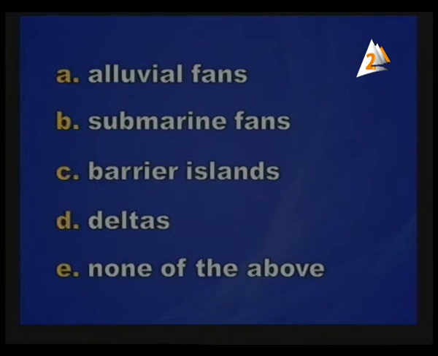As you see, my dear students, the form of this sand is parallel to the coastline, and sometimes they close an area of the coast and form a lagoon, and we know this as barrier islands.